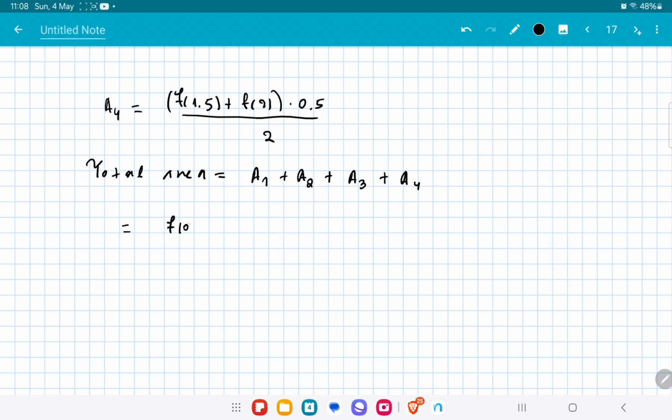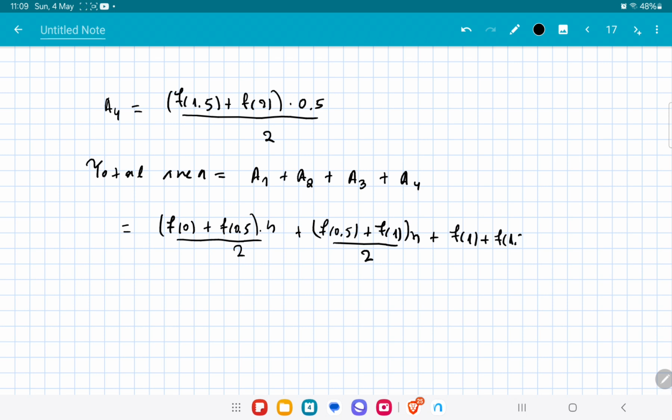That's f of 0 plus f of 0.5 times h over 2, plus f of 0.5 plus f of 1 times h over 2, plus f of 1 plus f of 1.5 times h over 2, plus f of 1.5 plus f of 2 times h over 2.